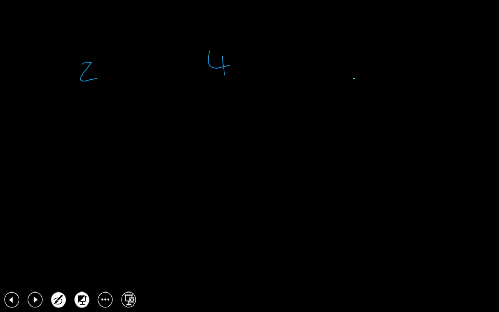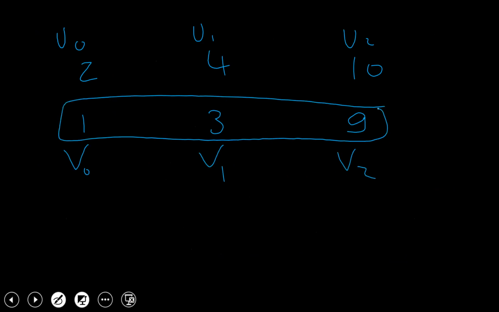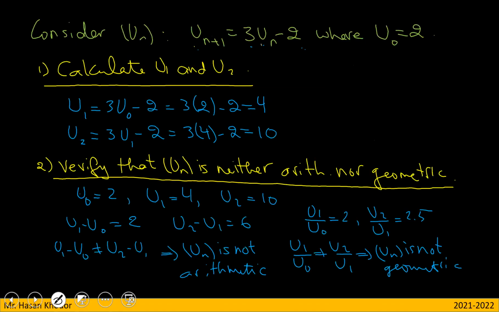So simply, we subtract 1. Here we get 1, 3, and 9. So if these are u0, u1, u2, here we get v0, v1, v2. And if you look at the first 3 terms of v, it seems a geometric progression. Let's go back to the exercise.